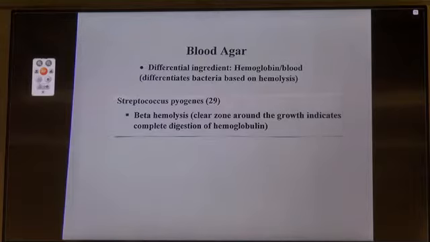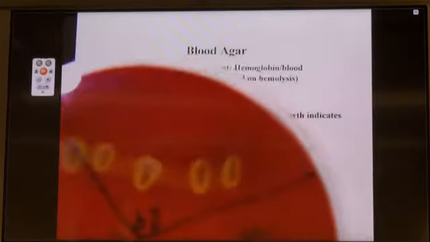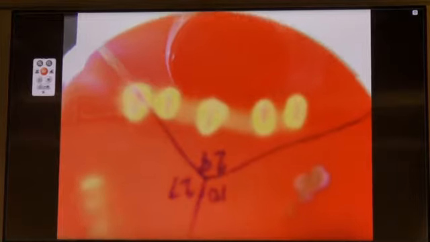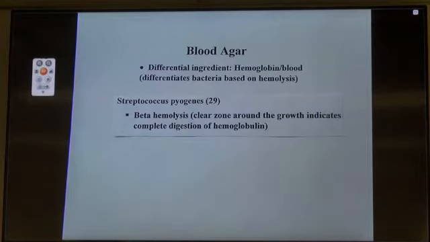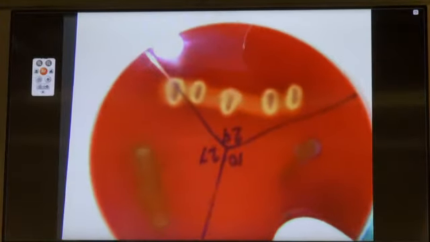Beta hemolysis. You just have to put a check mark in your lab manual. Beta hemolysis, clear zone. Beta means bacteria has eaten up the hemoglobin, complete digestion of blood.